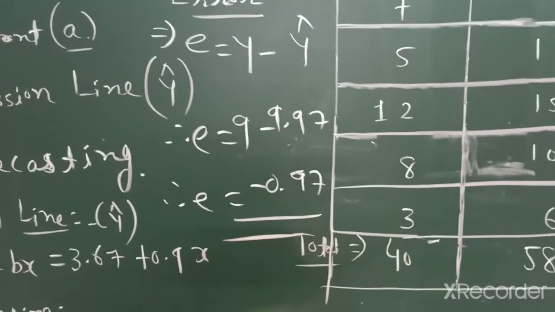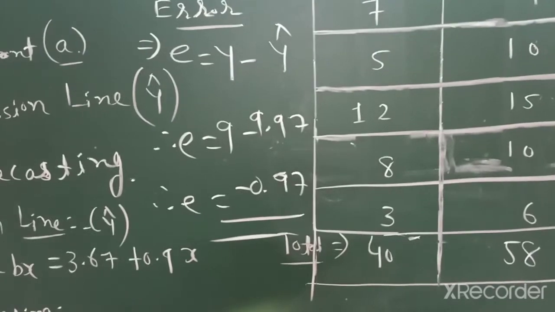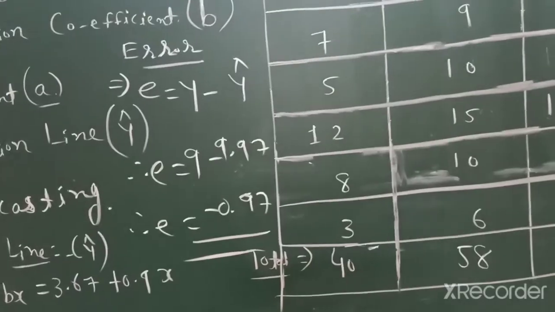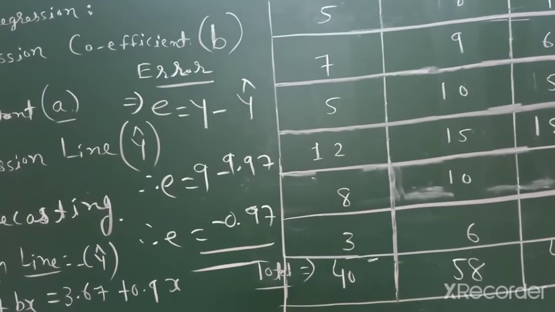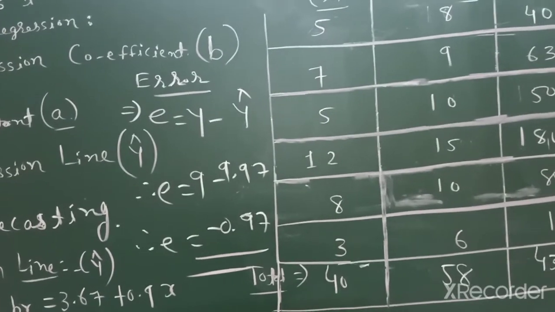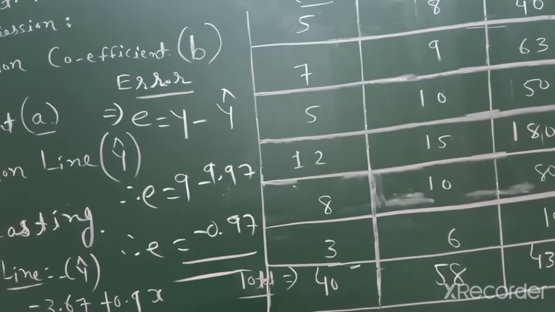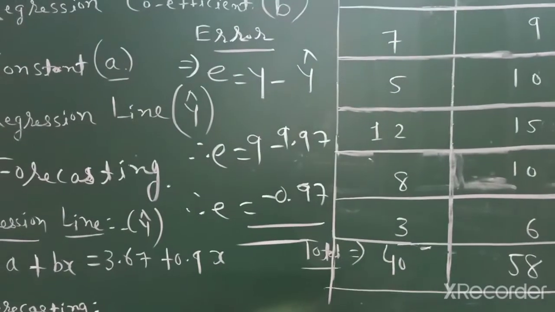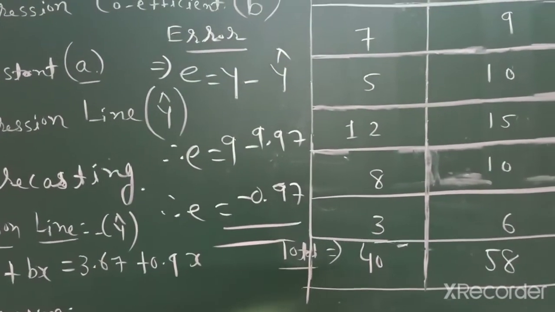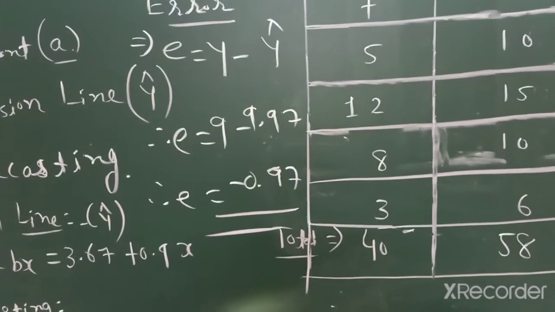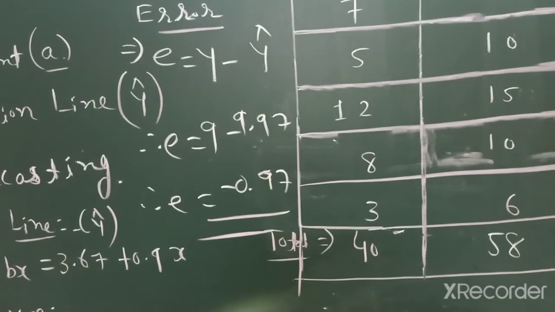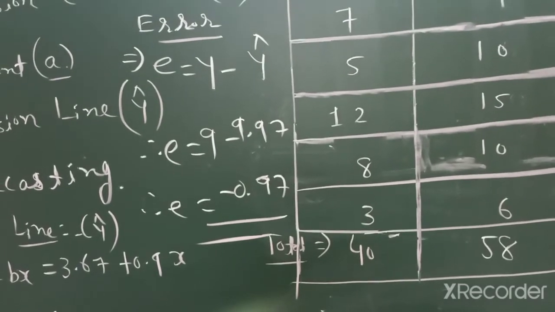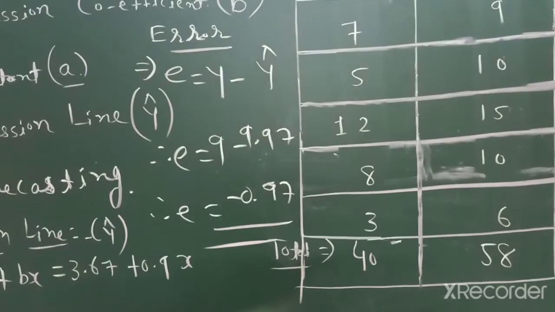The formula of error is y minus y cap. It is new for us. Y means the value of y before the value of x. The value of x is 7, so before that the value is 9. 9 minus whatever the value of y cap comes, that is 9.97. 9 minus 9.97. Final answer of error is minus 0.97.